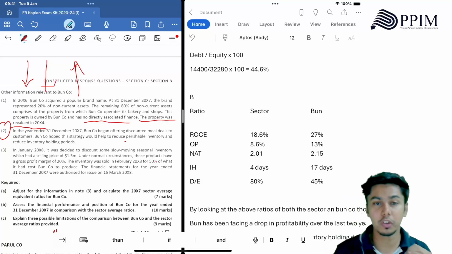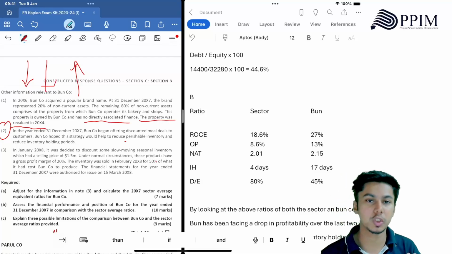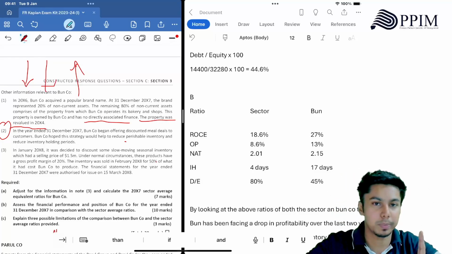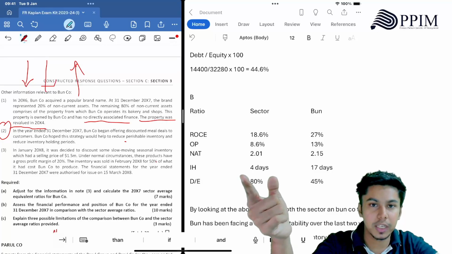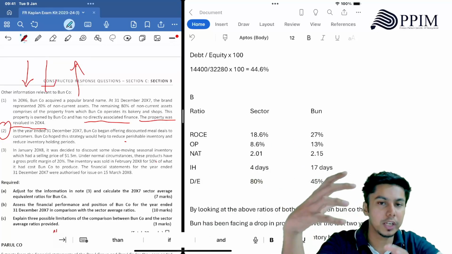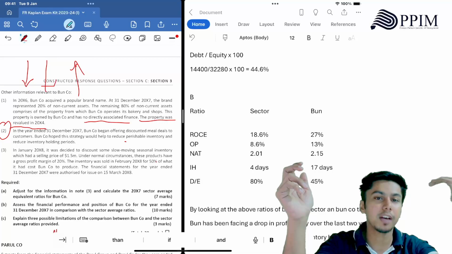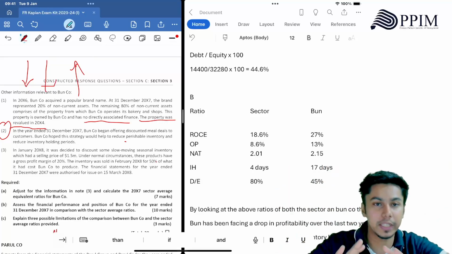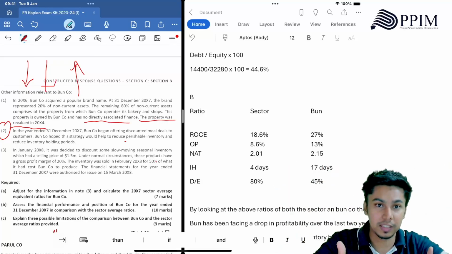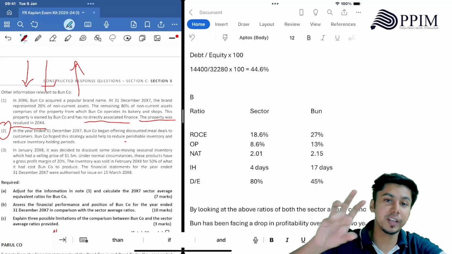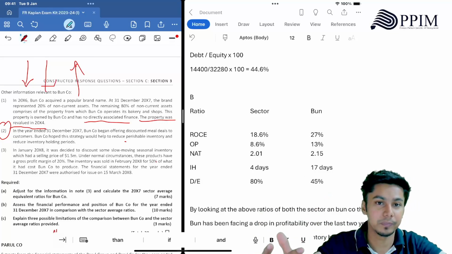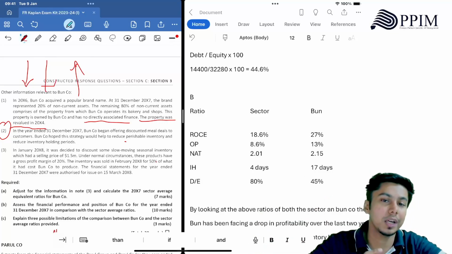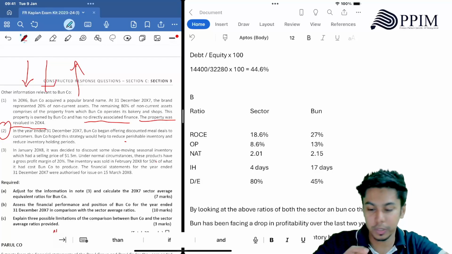Then they will not have a revaluation surplus, whereas on our side, because we are doing a revaluation, our non-current assets will be much higher, and our equity will be much higher. We are not sure whether the other company is doing a revaluation or not, so we need to point that out because we don't know the sector policy. But we are doing revaluation, and even with the revaluation our ROCE is very high. If we remove that, it will be even higher. That's what I'm trying to say, because we are not sure about the accounting policies the sector is using. All okay with that part?